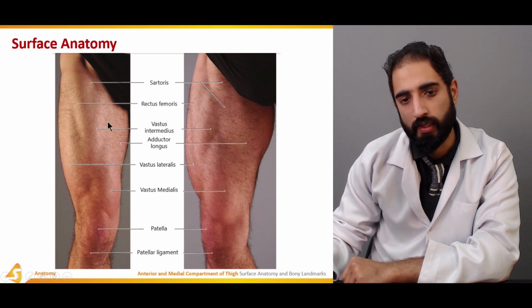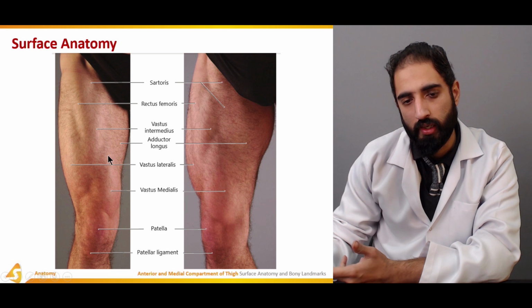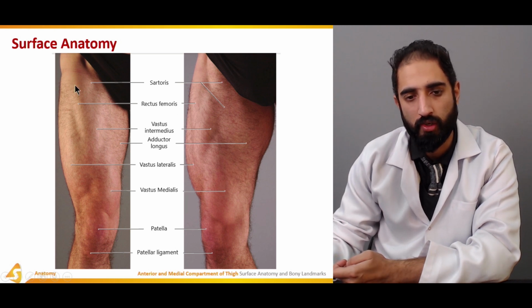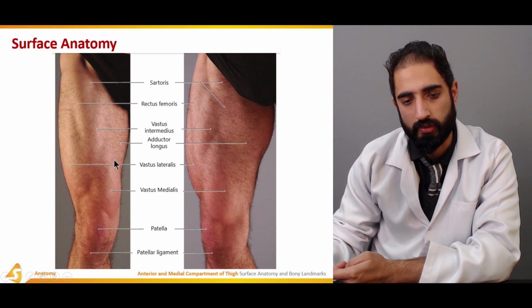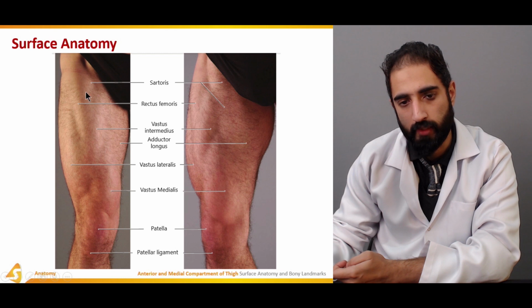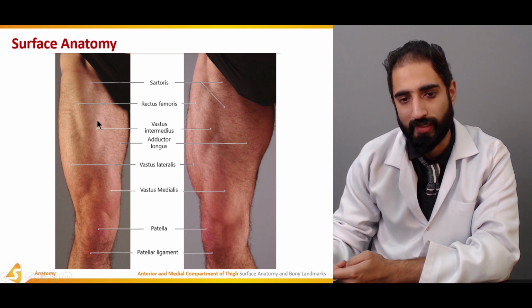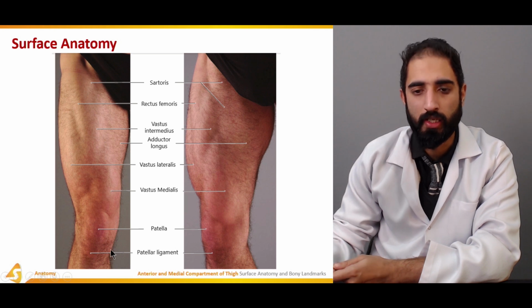So it can be counted as a muscle of the anterior thigh, and also as a muscle of the medial thigh, because it starts here, moves towards here and inserts here.